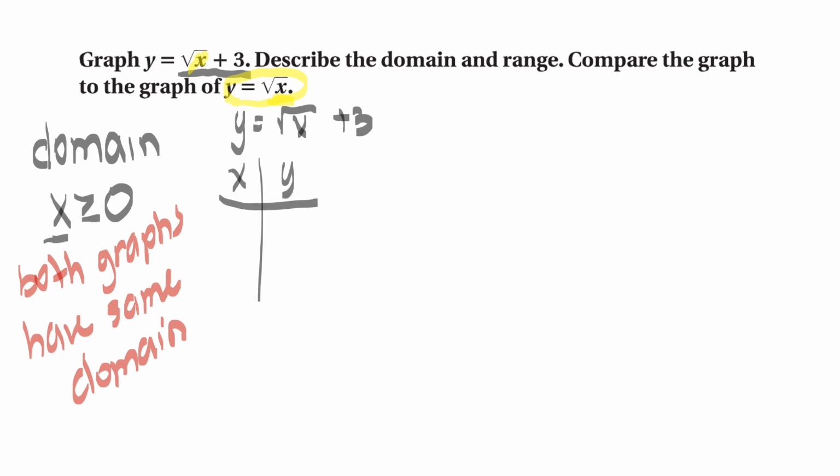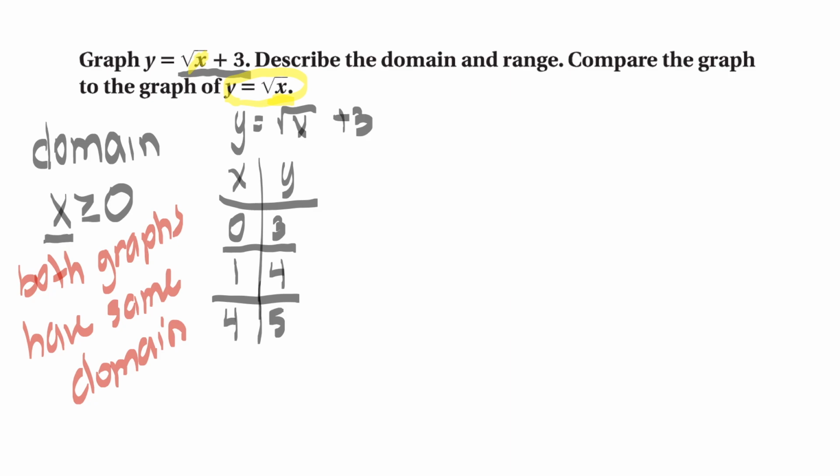I know that I can start at 0. So the square root of 0 is 0, plus 3 is 3. The square root of 1 is 1, plus 3 is 4. Then I'm going to skip ahead to my next perfect square, otherwise I'd get decimal values. The square root of 4 is 2, and 2 plus 3 is 5.